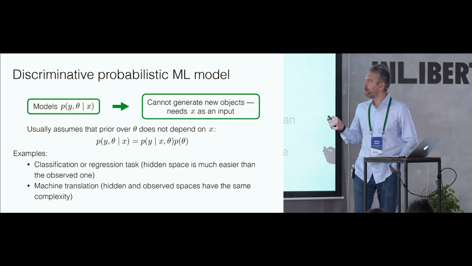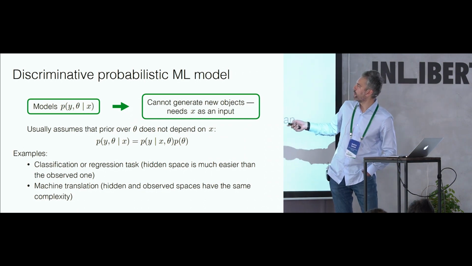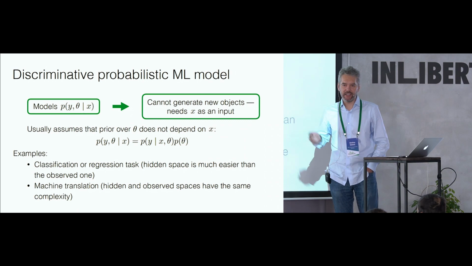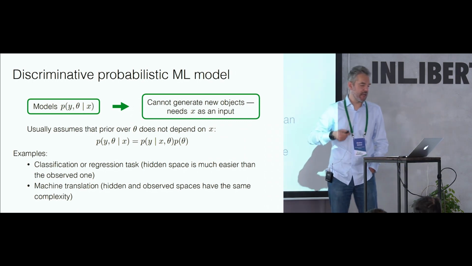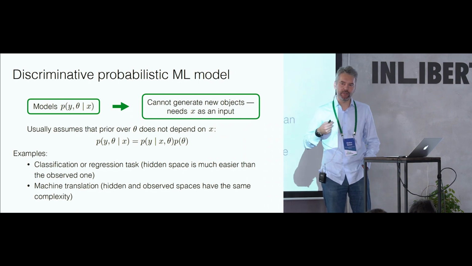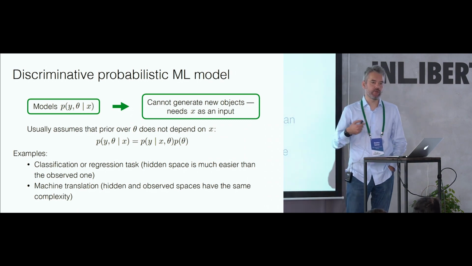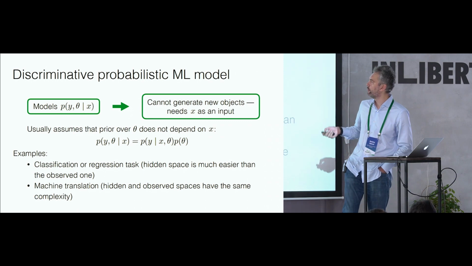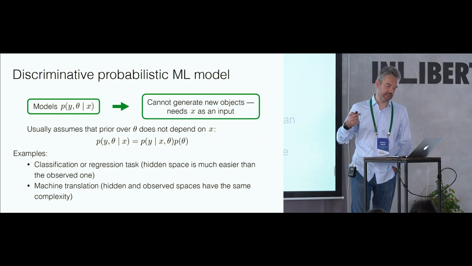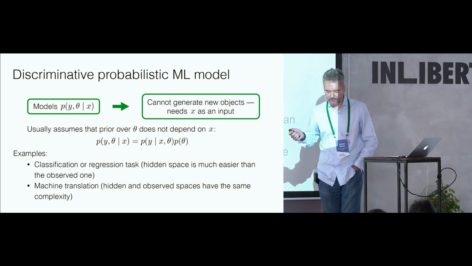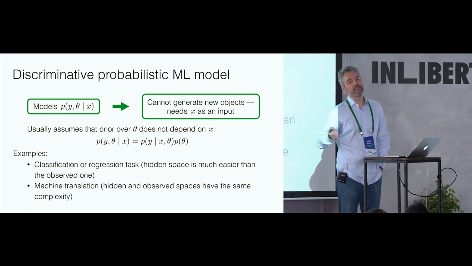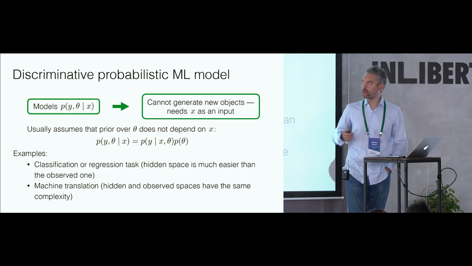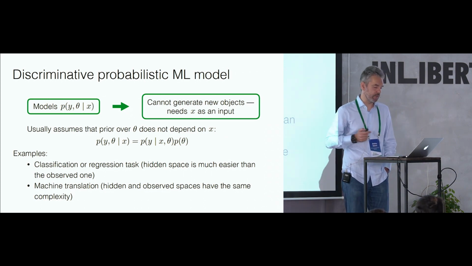So this model is more simple than a generative model, where we have a joint distribution over 3 groups of variables, and the obvious limitation is that using this model, we are only able to predict Y's based on X, but we're not able to generate new objects. We're not able to generate or predict X. So if our problem does not require us to generate new objects, we may use discriminative machine learning models.